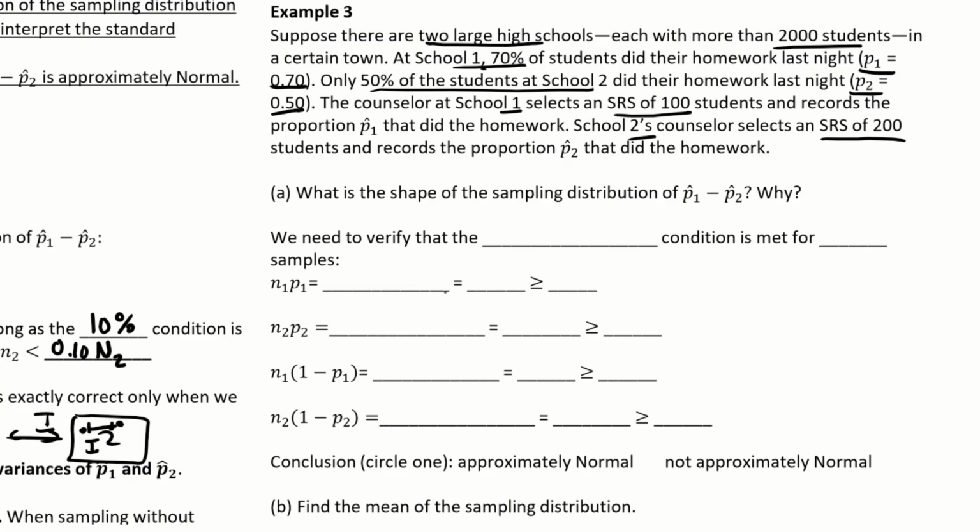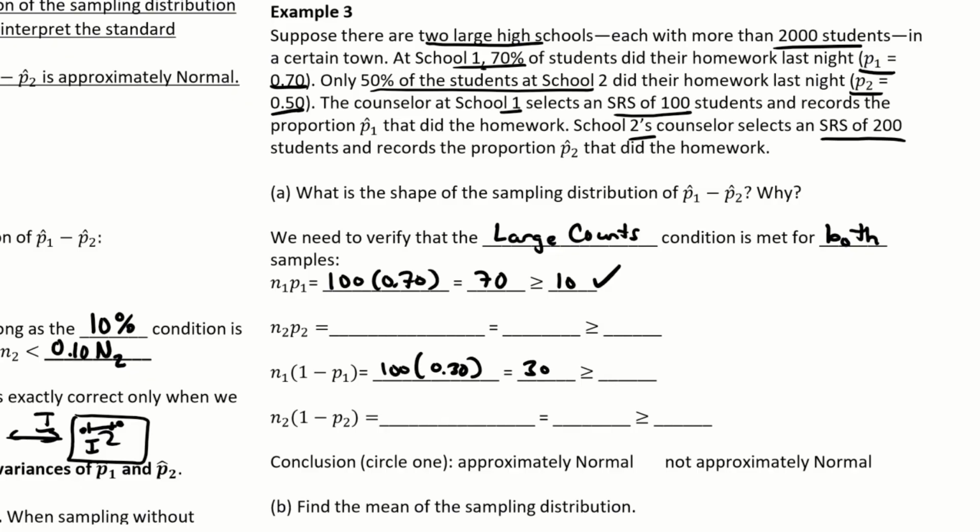So what is the shape? We're going to verify that the large counts condition is met for both samples. N1 times P1: we got 100 for the first sample times 0.70 for P1, so that's 70 counts, which is greater than or equal to 10. We do this for the rest. 100 times 1 minus 0.70, which is 0.30, gives 30, greater than 10.